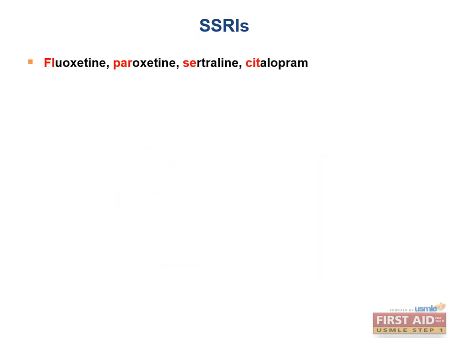SSRIs, or selective serotonin reuptake inhibitors, include fluoxetine, paroxetine, sertraline, and citalopram. The mnemonic that those of us on the First Aid team came up with is "flashbacks paralyze senior citizens," a reference to their use in PTSD. So these SSRIs are actually used in PTSD, and so that fits with the mnemonic.